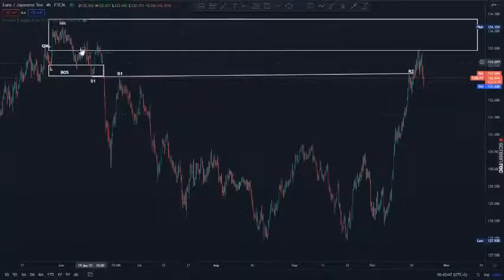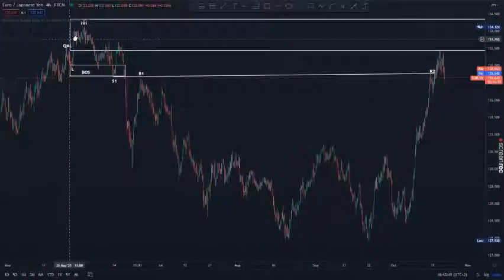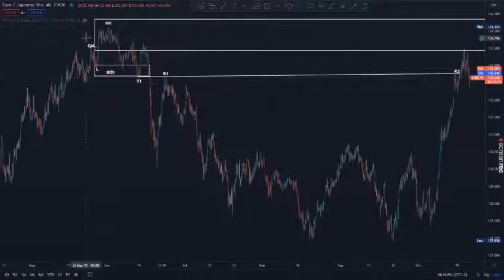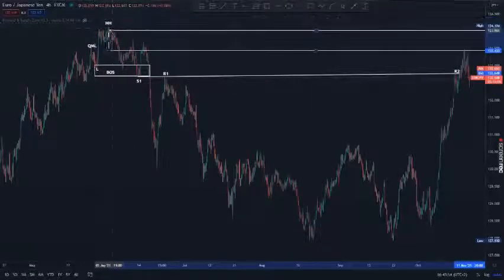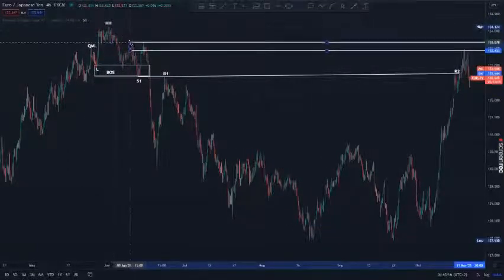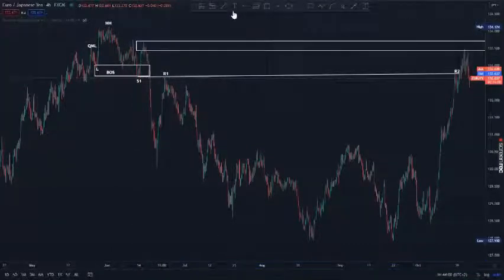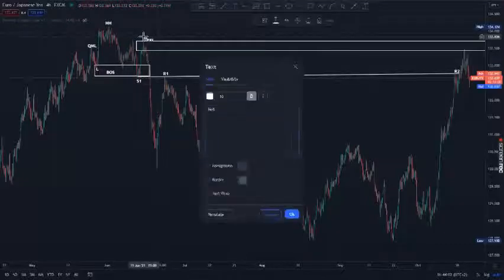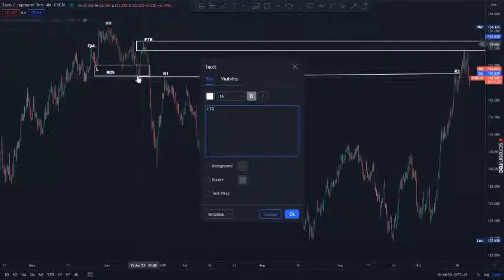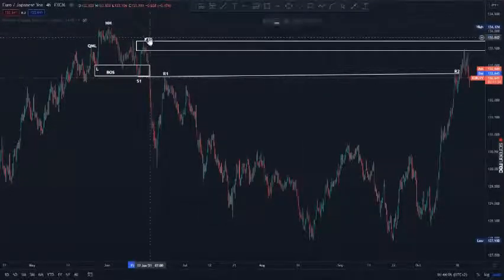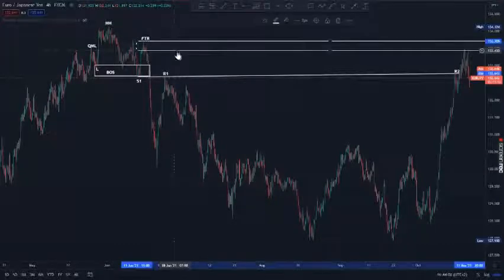But from here you have to look for a fresh supply zone, and the best thing you can do is look for a fresh supply zone. For me, I had an FTR right here.